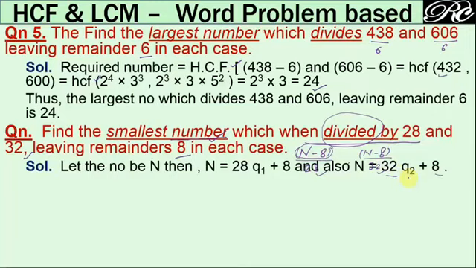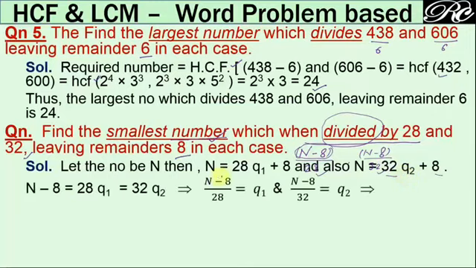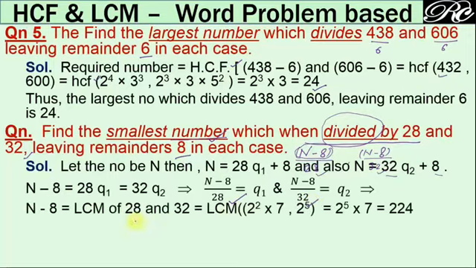Here q1 and q2 are some integers. Therefore, n minus 8 is the LCM of 28 and 32. So go for prime factorization of 28, it is 2 square into 7, and of 32, 2 to the power 5. Their LCM is 2 to the power 5 into 7, it is 224.